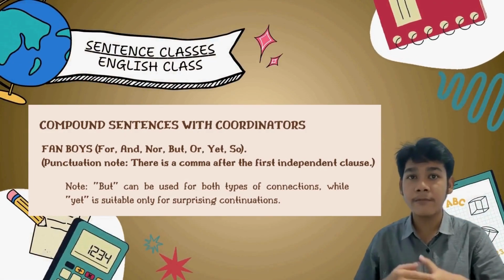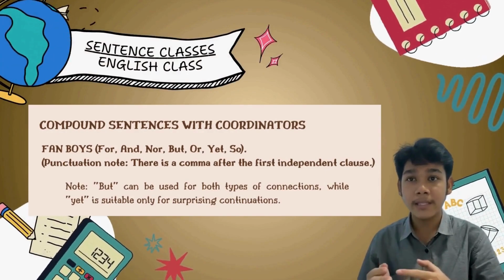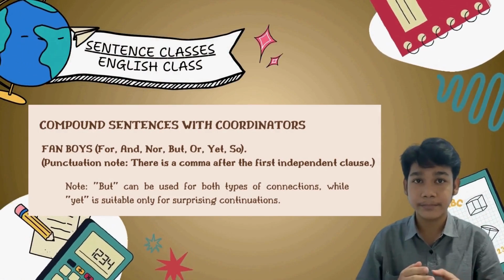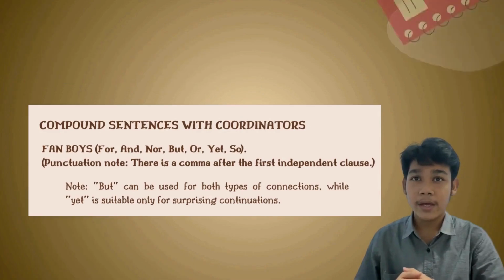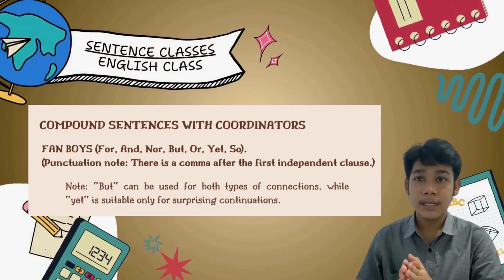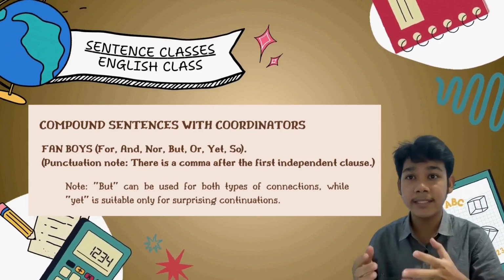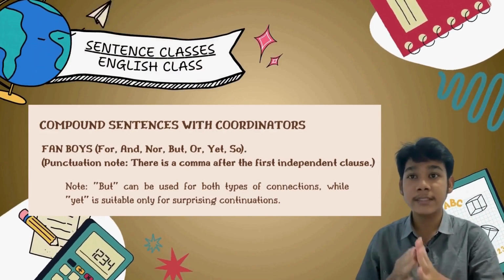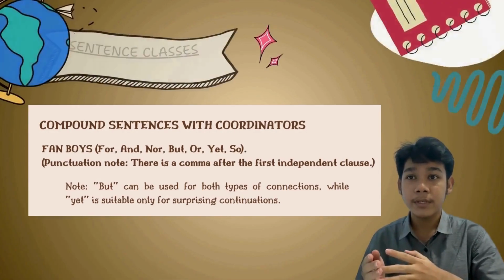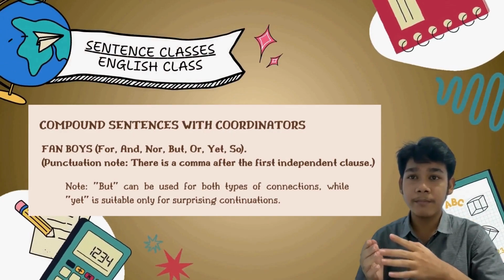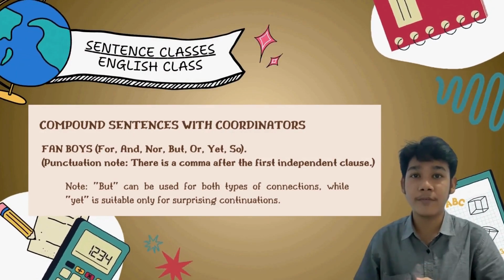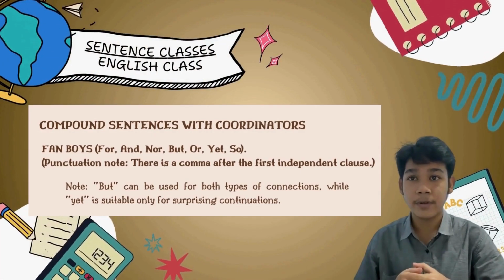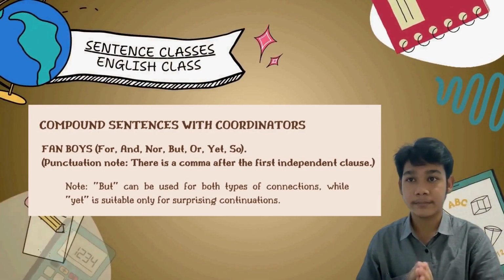For example, I'm very bad at math, but yet my parents want me to study engineering. As we can see in the sentence, it's surprising. It continues with a surprising sentence. And a disclaimer: but can be used for both types of connection, while yet is suitable only for surprising clauses.